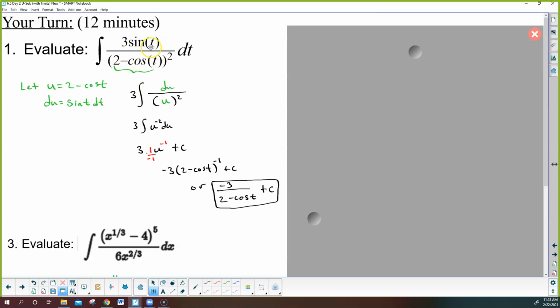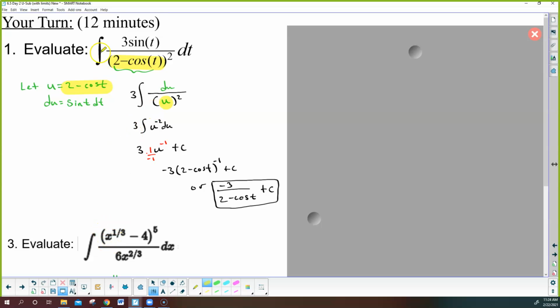So one of the hard parts with problems like this is deciding what value to let our u be. And here's a hint. We have an inside function here, and that's usually your best bet. The reason why is if I can rewrite this as u squared, that makes things a whole lot better.